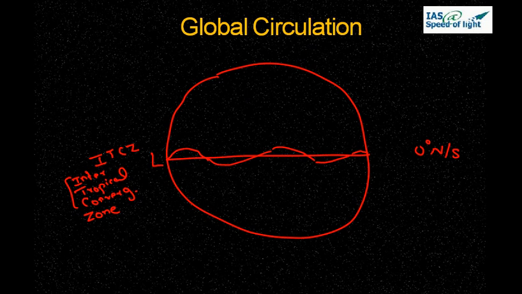So this whole ITCZ, the intertropical convergence zone, is a complex of thunderstorms and rainfalls, and it influences the distribution of rainforest all around the world because it rains continuously here. Like other pressure belts also, we will see it migrates with the sun.